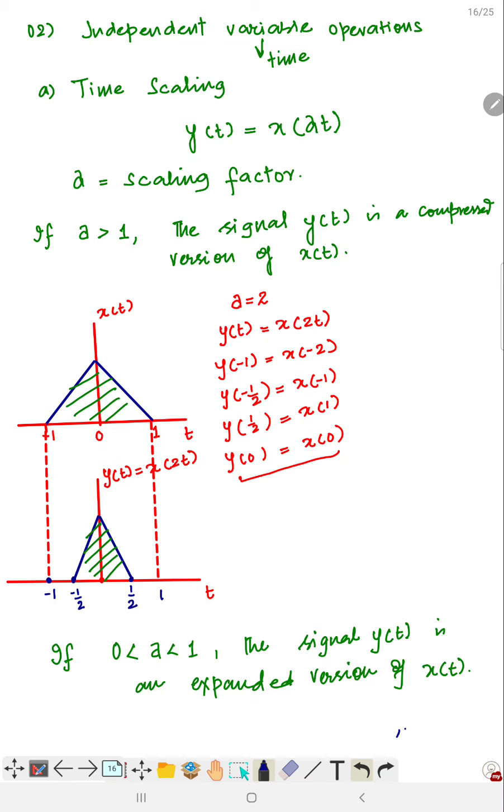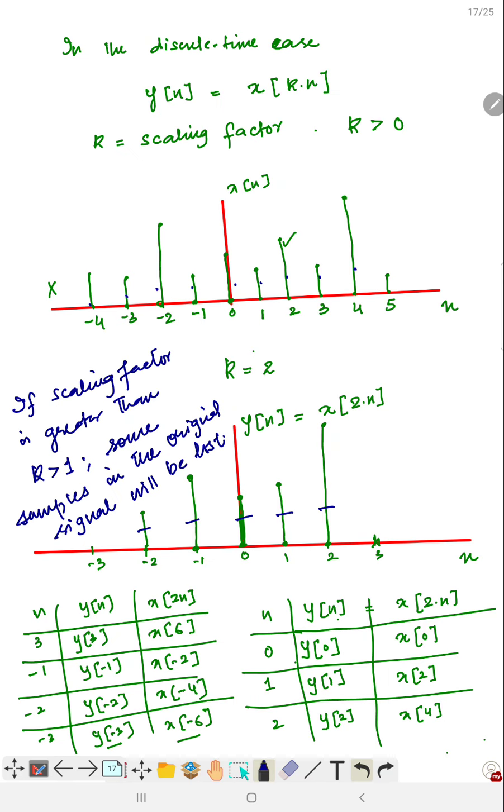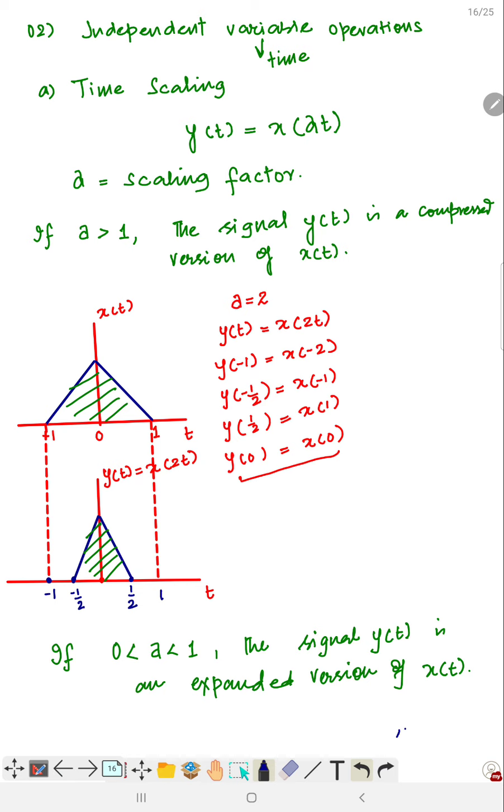In the discrete time case, it is clear, you are losing some samples, which means you are losing some information. In the continuous time case, you are compressing the signal.